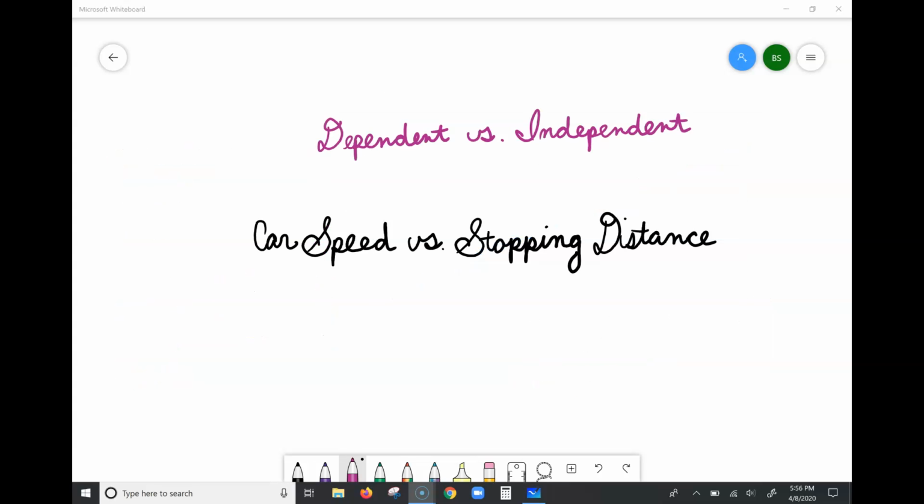The second important rule that we need to review is how to write a title for a graph. Remember, we always list the dependent variable versus the independent variable. The dependent variable should always be first. So if we look at the title that you guys actually had in one of your assignments last week, we have car speed versus stopping distance.